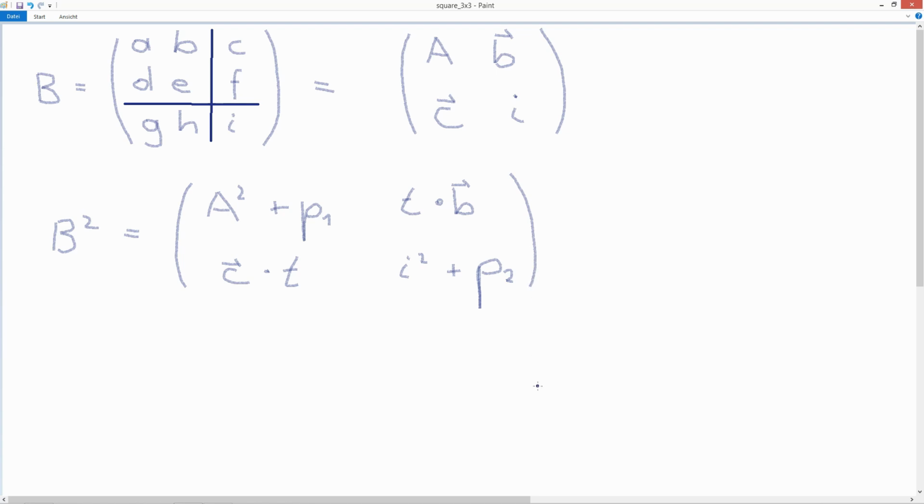A difference to the last video is that we now have two different products, P1 and P2, of these two values.